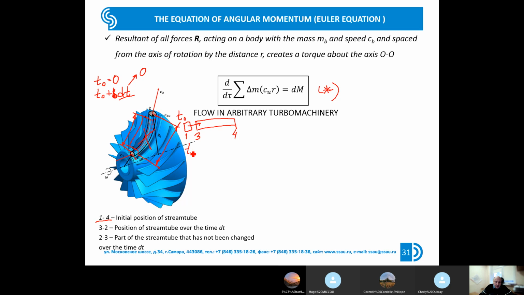At time t0 plus dt we have the constant element, but the inlet element has disappeared, it has come in, and at the outlet we receive the element 4, 2.